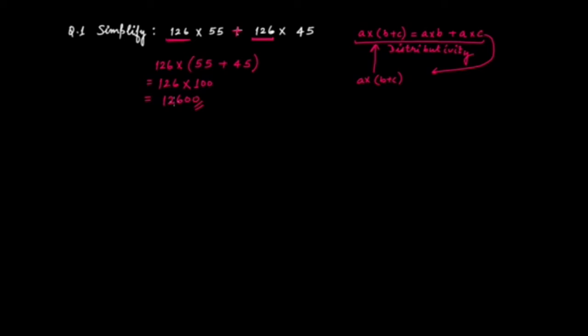Let's take one more example, another question on the same property of distributivity. Whenever you find a common number in both places, you will use the distributivity property of whole numbers.